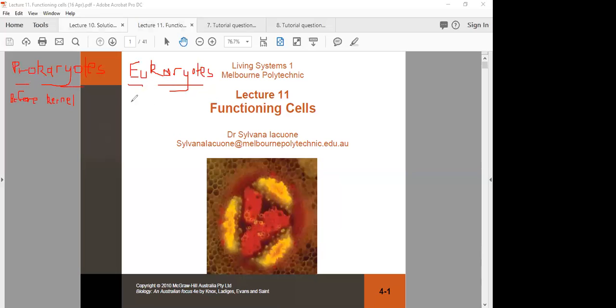Eukaryotes means true or proper kernel. So what that's referring to is this distinction between a eukaryotic cell, which contains this structure, and this is the nucleus of the cell. Okay, so the kernel is referring to the nucleus.